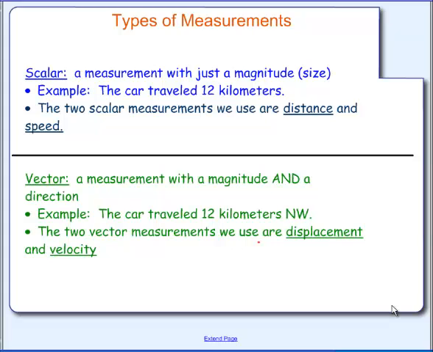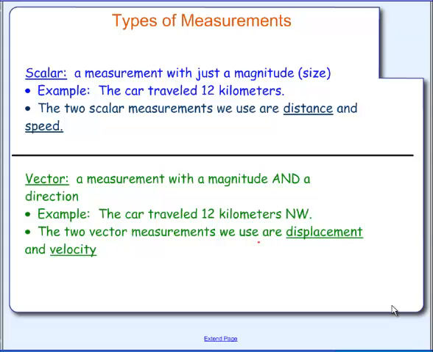On the other hand, there's a whole other type of measurement out there called vector measurements. Vector measurements are those that have a size and a direction. So for example, if I kick a soccer ball, I apply a force with my foot, but that force also has a direction. I may kick the ball to the right or to the left.